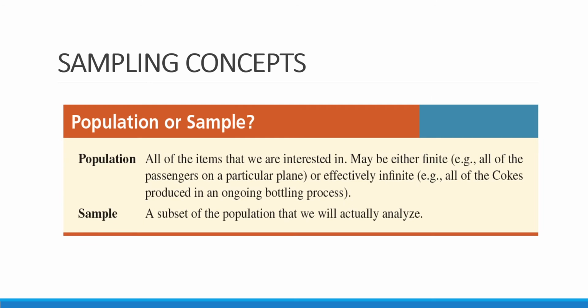At the beginning, we have to differentiate between two important terms, population and samples. A population is a term used to describe all the items included in your research or you are interested in.